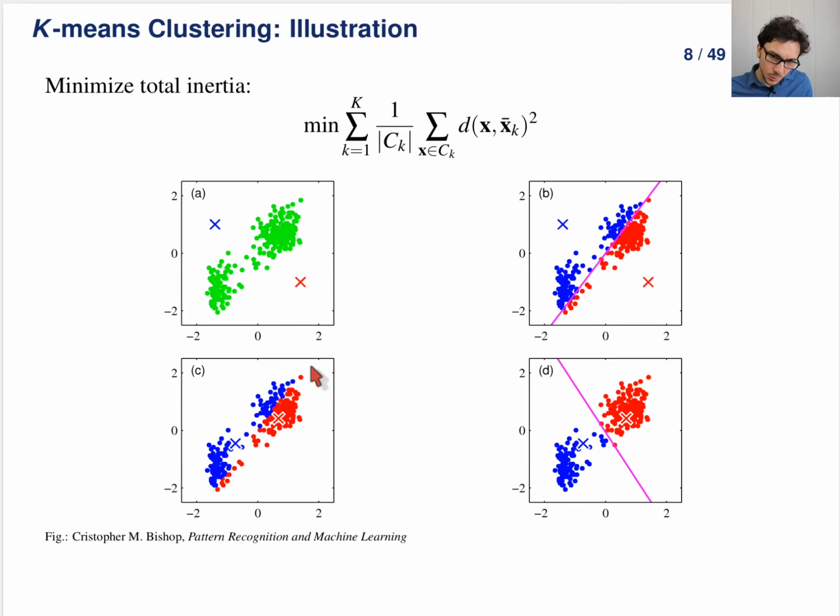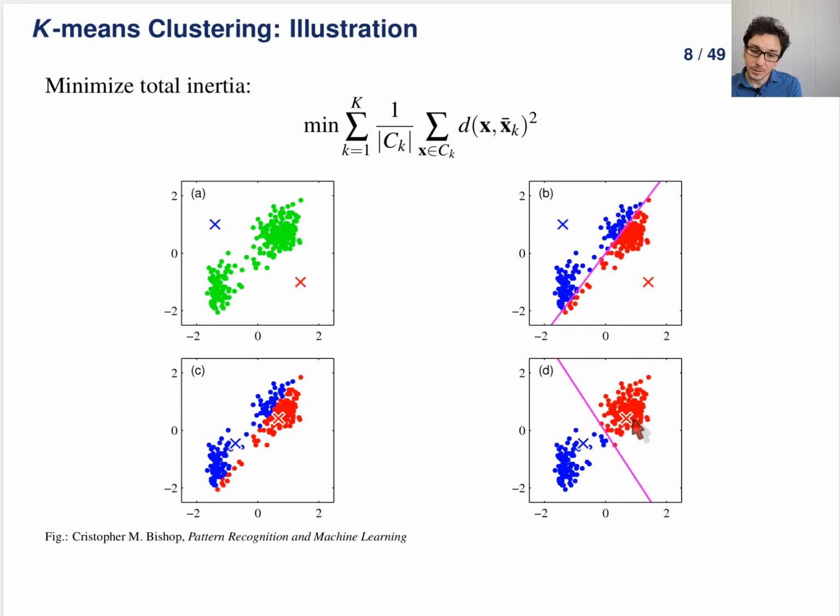So the centroid of the blue cluster becomes this one, and the centroid of the red cluster becomes this one. Now the centroids changed, so we can reassign points to them, because the closest points to the blue centroid are this one, while the closest points to the red centroid are these ones.